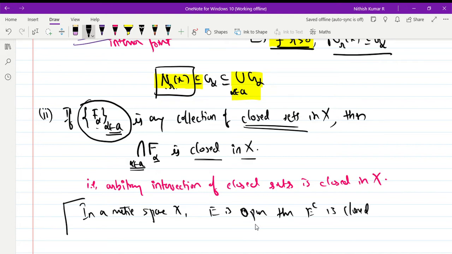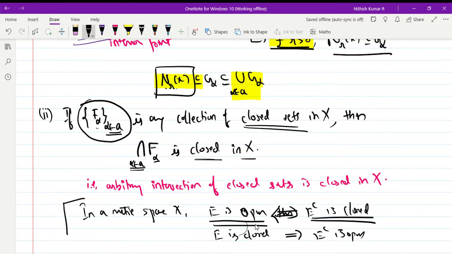It is an if and only if condition: E is open, E complement is closed; E complement is closed implies E is open. In other words, if E is closed, then E complement is open. Also E complement is open implies E is closed.